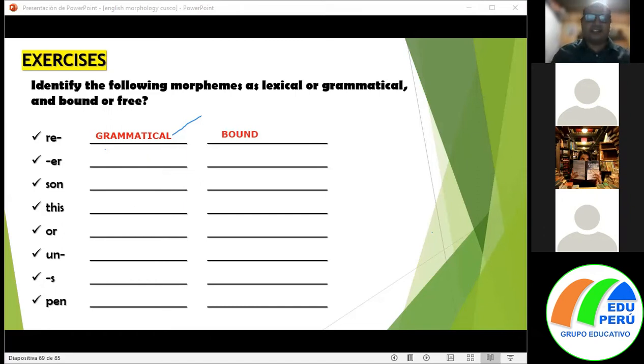Oh, you're with a cell phone. Okay, don't worry. Any volunteer to write it? Any other volunteer? So Diana was okay: grammatical, bound. Could anyone write it? You're using just your cell phones? Yes, we are on cell phone. Okay, don't worry.